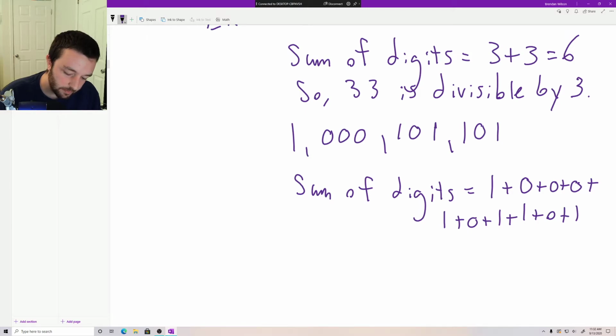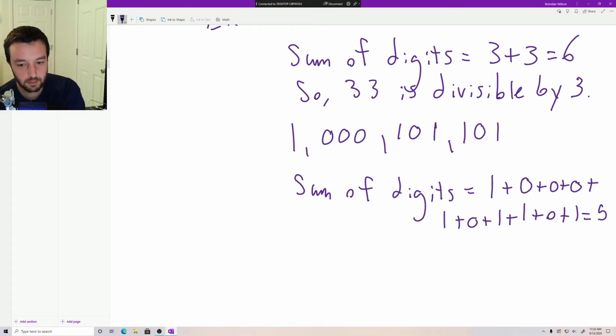So we have 1, 2, 3, 4, 5 numbers here that aren't 0. So we get 5. We have 5 ones, and then the rest are zeros, and the zeros aren't adding anything. So we end up getting 5 as our sum of digits. Well, 5 is not divisible by 3. That wasn't on our list of multiples of 3. So this number is not divisible by 3.